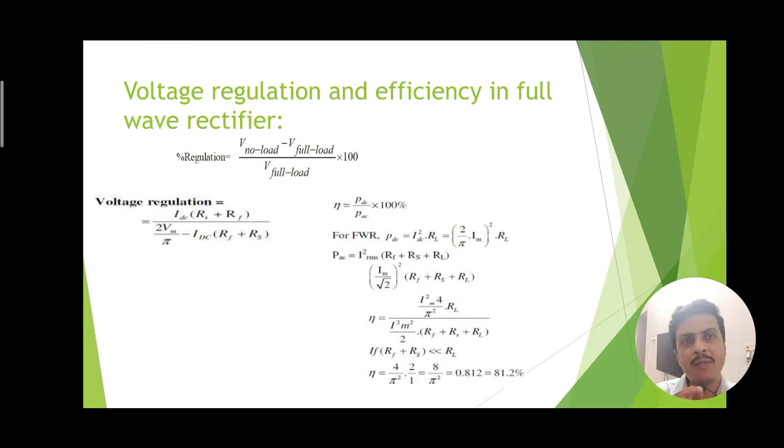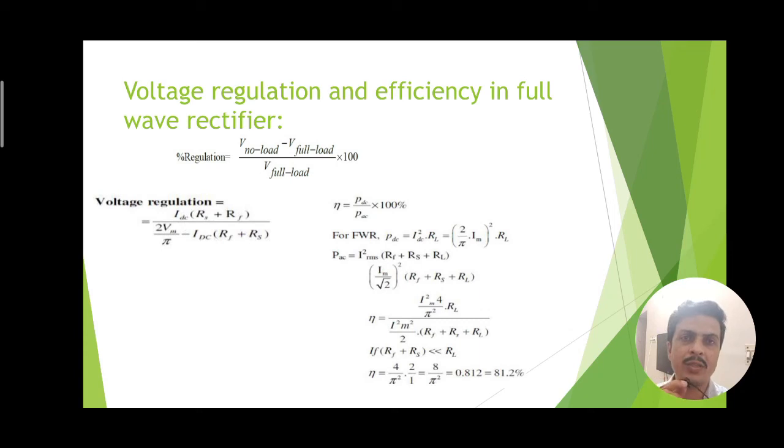The voltage regulation and efficiency are two important factors for a rectifier. The regulation is given by the ratio of the difference, no load minus full load, to the full load voltage. This fraction is multiplied by 100 to find the regulation in percentage.